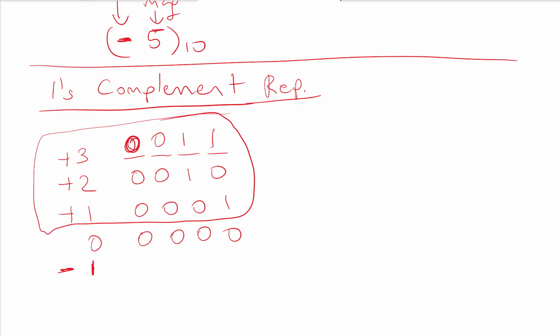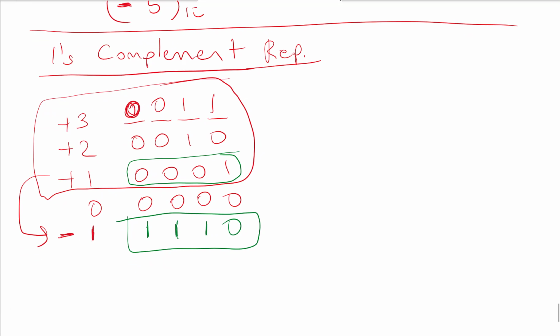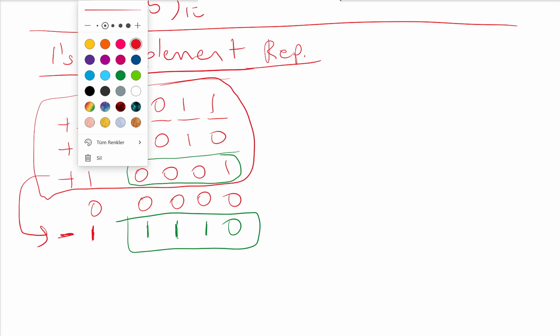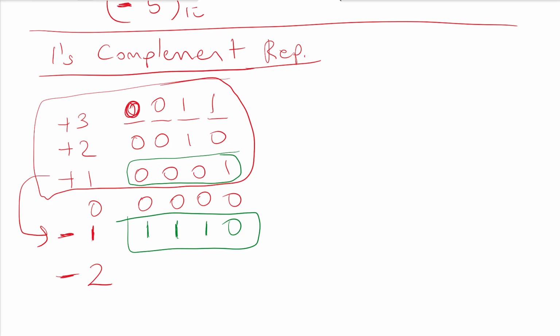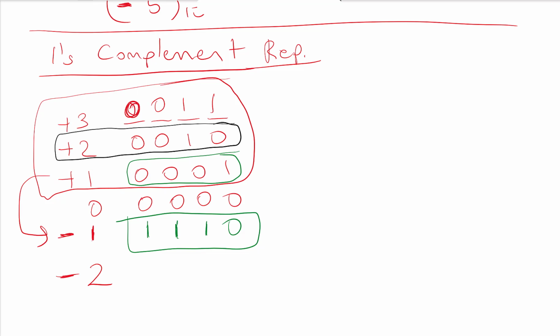To find a negative number, I look at the positive number and I convert all the bits. So if I have 0001, then I will have 1, 1, 1, 0 for -1. All I did is flip the bits of the positive side. To represent -2, I go to the positive side, this is my +2, and I flip all the bits.